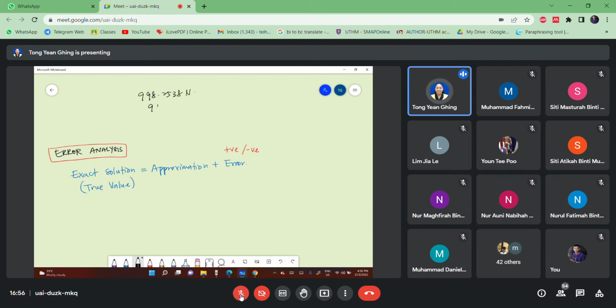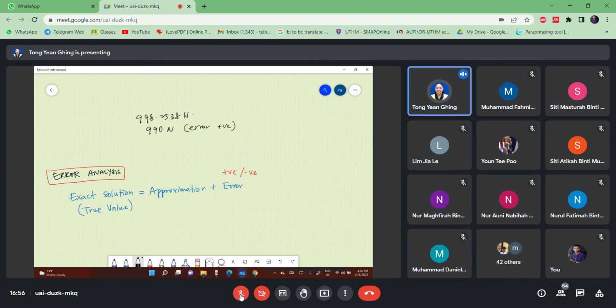So katakanlah saya ambil this approximation. So sebenarnya saya dah overestimate. So saya dah lebih estimate. So saya punya error akan ada positif lah.